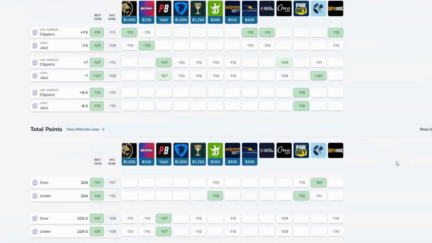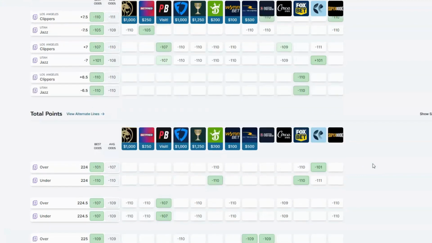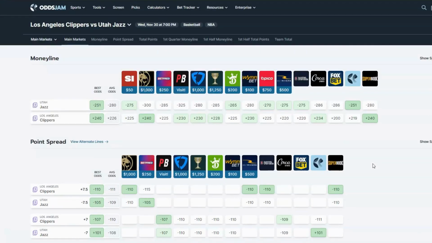And what you can do is also look at the totals. The totals are going to tell you if you're anticipating and seeing indications based on the markets that it's a higher scoring game, you can look at playing some of the overs and some of the player props. Okay, so it's matching up with the story of what the odds makers are giving you. So if you've got a high scoring game and you're anticipating a high scoring total and over, you might consider some of the overs and some of the player props.